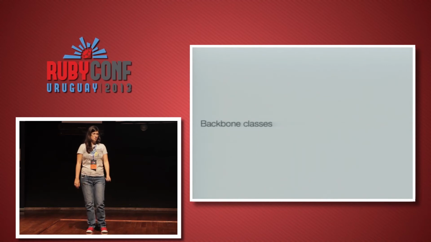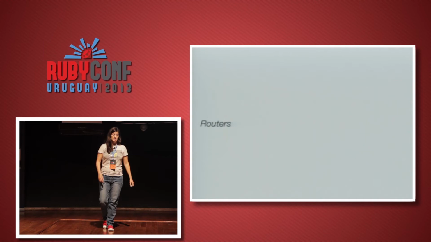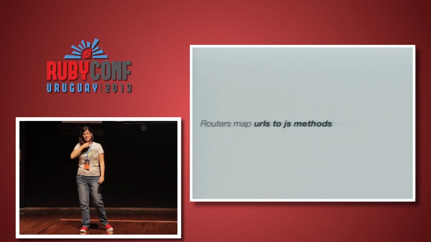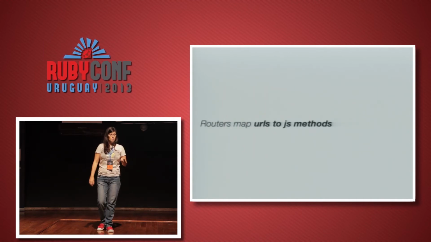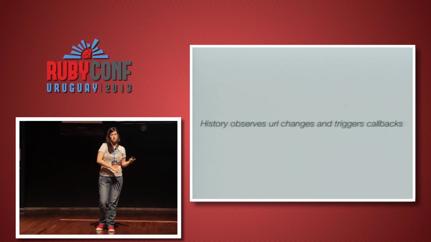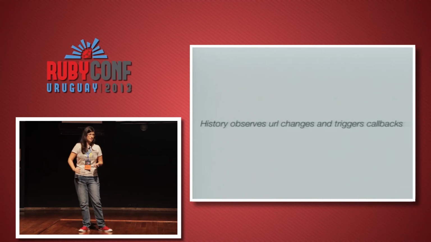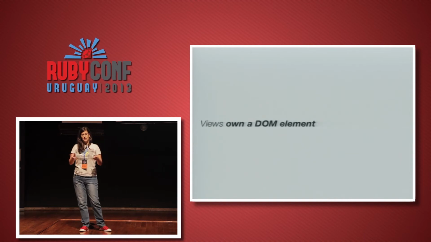And now, what about the Backbone classes? First of all, we have the routers. The routers map URLs to methods, then the history observes the changes and triggers the callbacks. And the views own a DOM element.